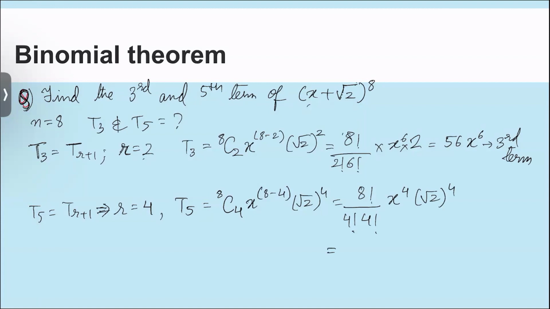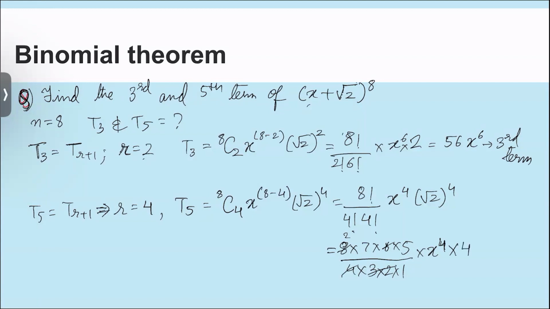If you expand and get 4 factorial out, what you are left with is 8 into 7 into 6 into 5 upon 4 factorial, which is 24, multiplied by x raised to 4, and root 2 raised to 4 is actually 4 itself.